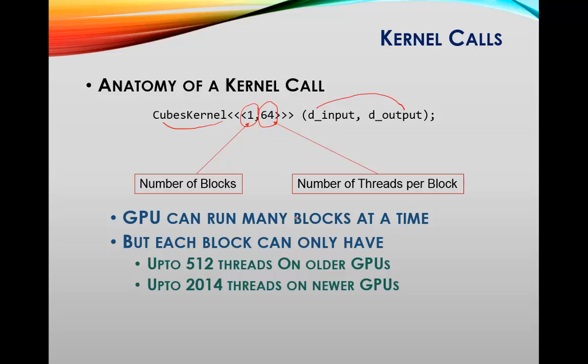But each block can only have up to 512 on older GPUs, or all the way to 2048. Sorry, this is a typo. So all the way to 2048 threads in more recent GPUs that you can have per block.